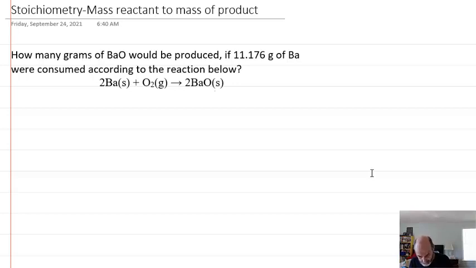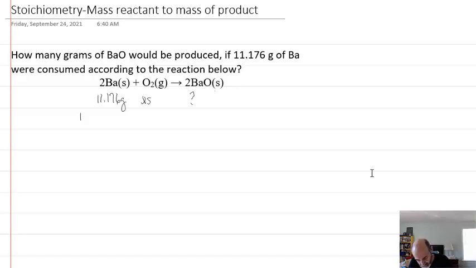So we have barium is 11.176 grams. We know that this oxygen is in excess, so that's excess. And we want to figure out this. Now, I'll say why in a few minutes, but for us to convert to mass, we're going to have to use the molecular weight.